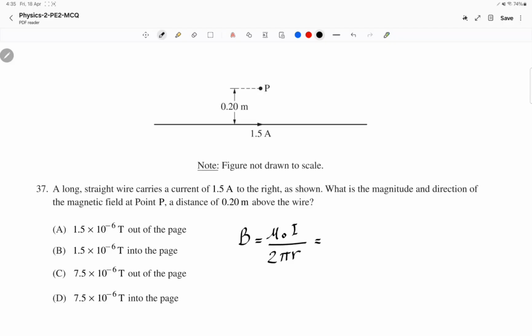Do you know what that is? It's in the equation sheet, so I believe it's 4 pi times 10 to the power of negative 7. Yes. And the I is the current, 1.5, and 2 pi r, where r is the distance from the point. So of course you can ignore the pi's, and you're going to do the math without the pi's, and let's see how much we get.